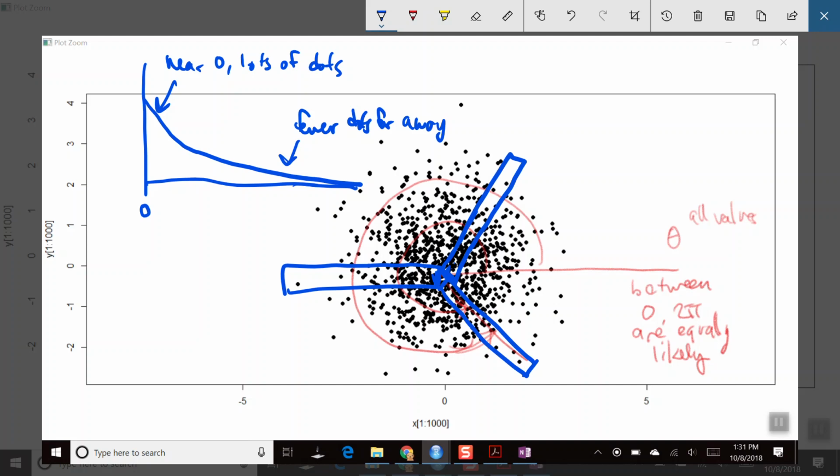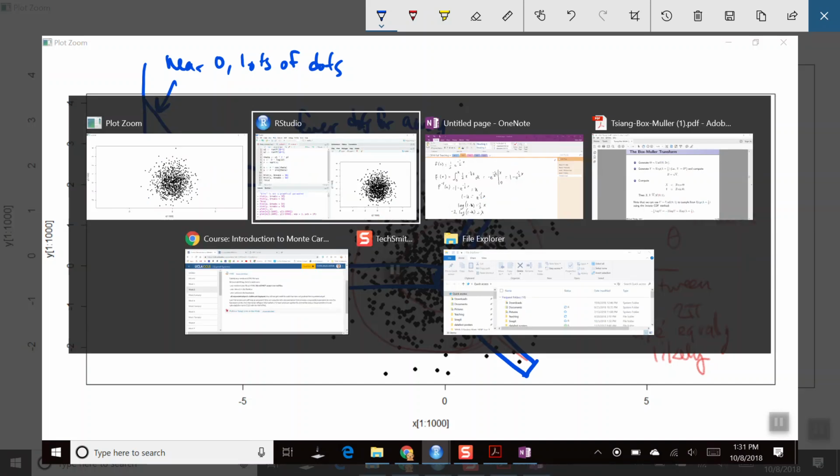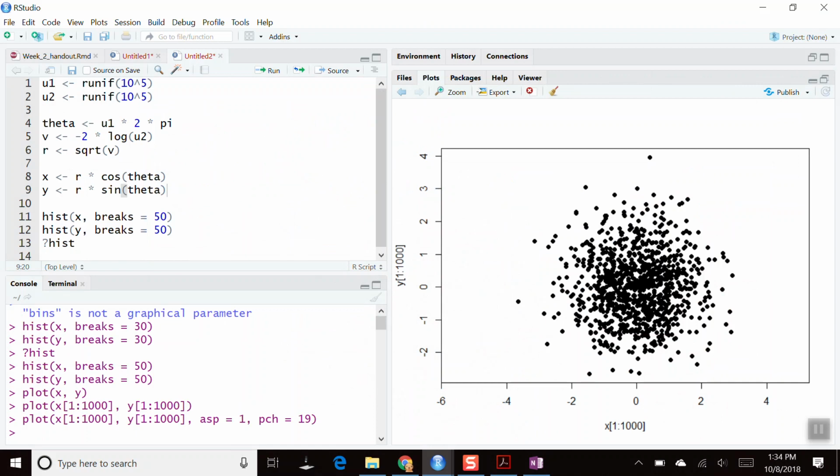Then where do we want to plot this? This becomes our random variable r, which is going to be based on the exponential distribution. Okay, and so this is what we end up having.